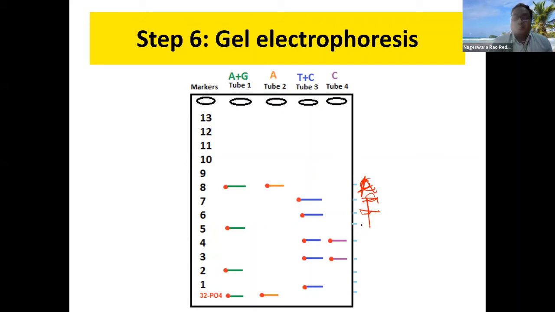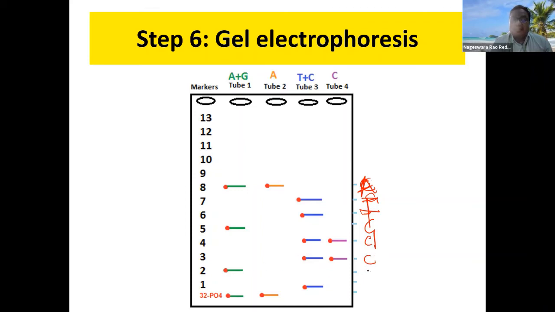And this is G, as it is present only in A plus C and not present in A, it is G. In the same way, it is present in both, so it is C here.